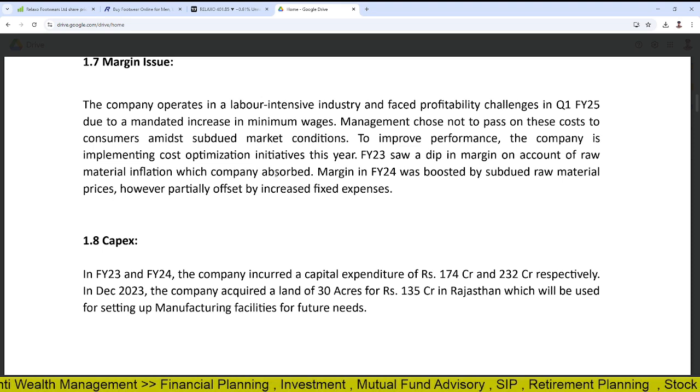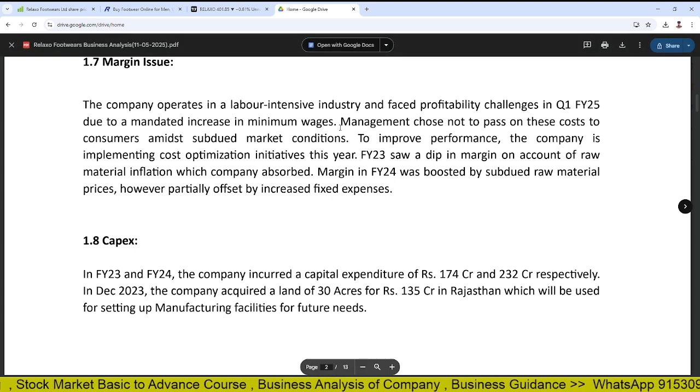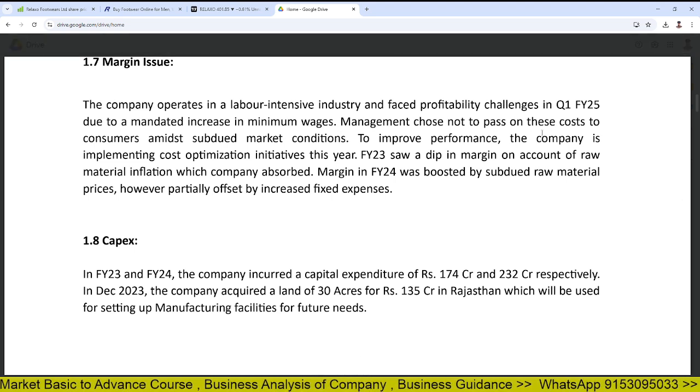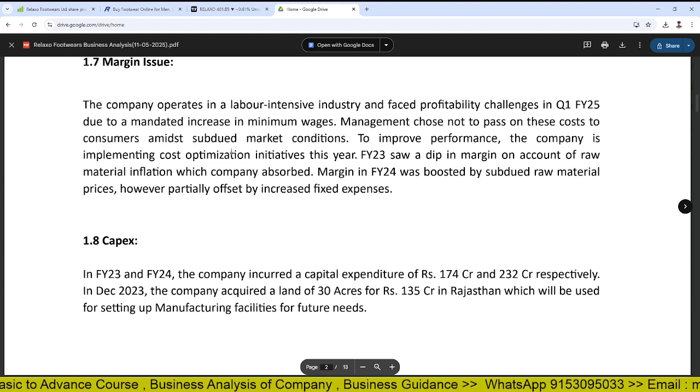So you know, in India there was a mandate to increase the payment of labor, that means labor wages. So the company has to increase the payment of labor, and also the raw material price was up, and the company was trying to increase the price of the product, and as a result the sales were down. We will discuss. Management chose not to pass on this cost to consumers amid subdued market conditions.